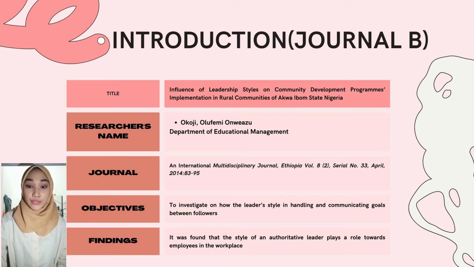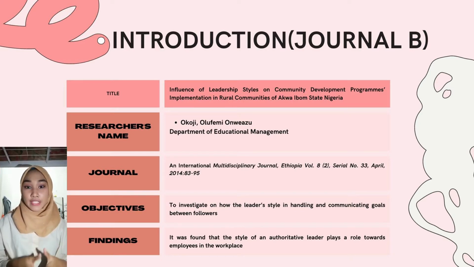The journal is an international multidisciplinary journal, Ethiopia, Volume 8, Number 2, Serial Number 33, April 2014, pages 83-95. The objective of this journal is to investigate how leaders handle and communicate goals between followers. It was found that the styles of authoritative leaders play a role towards employees in the workplace.